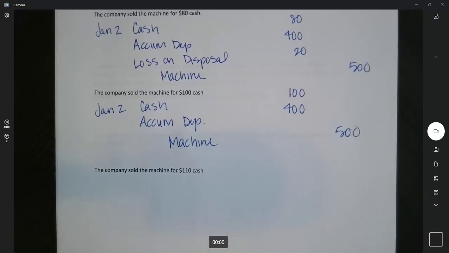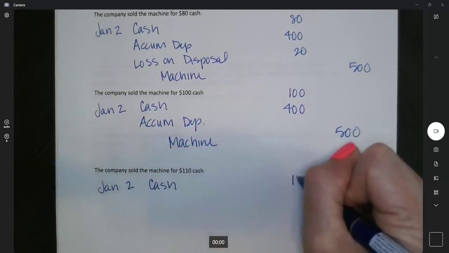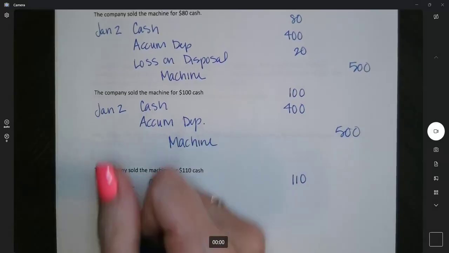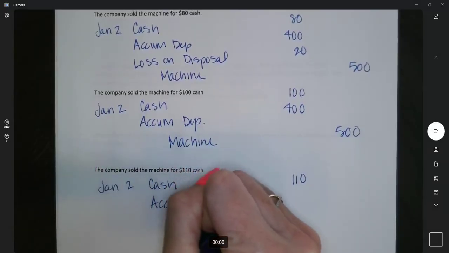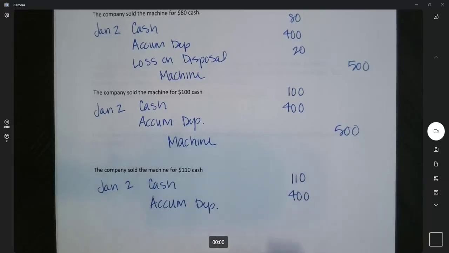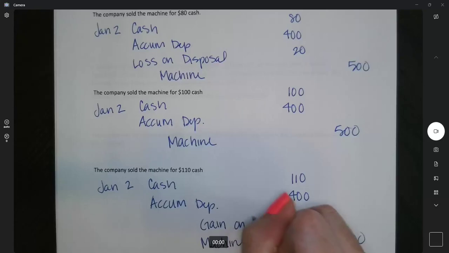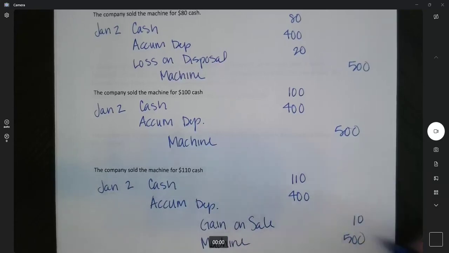In the fourth scenario, we sold the machine for 110 in cash, accumulated depreciation of 400. Leave a space. We're going to have a gain in this one. Credit the machine, 500, and credit gain on sale of 10.